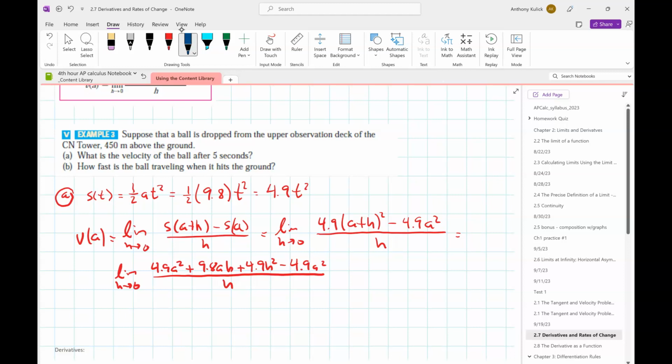What do you notice? 4.9 a squared. And h. It's the same reducing every time almost, doesn't it? Yeah, it's lovely, isn't it? When they all kind of feel the same.